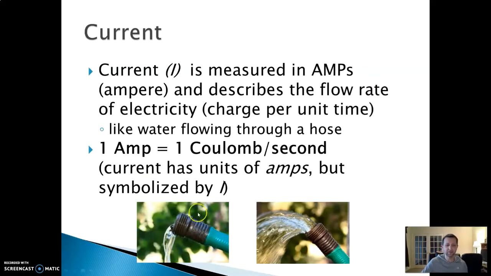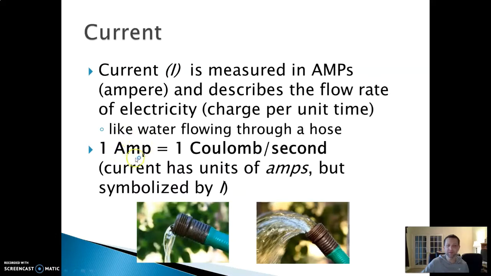This would be a small amount of current over here, and then obviously this would be a higher amount of current. There would be more water flowing through the hose per unit time. So current is coulombs, the amount of charge, per second, and that's just combined into the variable amp or ampere.